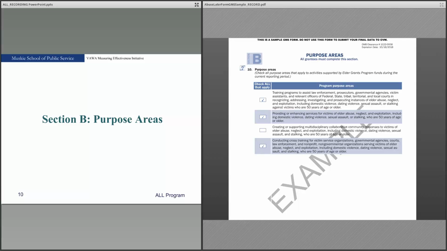If some of your purpose areas changed, you can check them in this question, but keep in mind that your program specialist must approve all changes to your purpose areas. As you can see here, in our example, we've checked off training programs, victim services, and conducting cross-training for victim service organizations and other community groups.